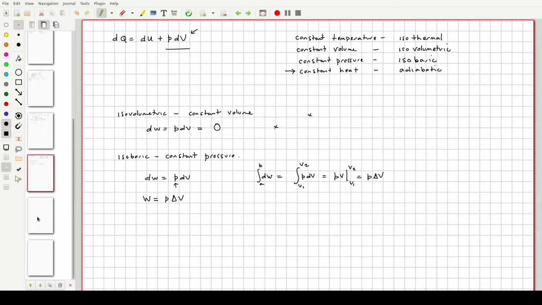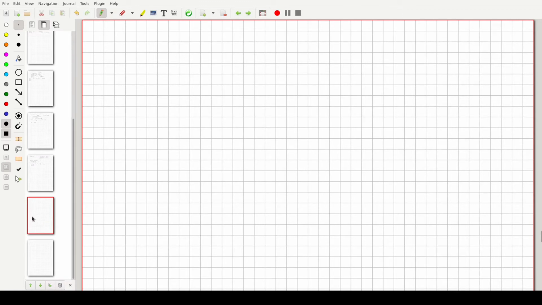Now, a more complicated situation is what happens when you have an isothermal one. So with an isothermal one, if you look at your work, it's still P times dV, but both P and V are variables. Now, thankfully, we have the ideal gas law that we can fall back onto to put this into a more convenient form. So remember, this is isothermal. Iso, not isto. Isothermal.